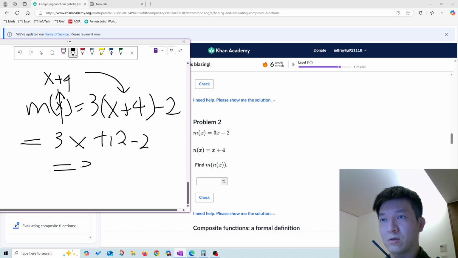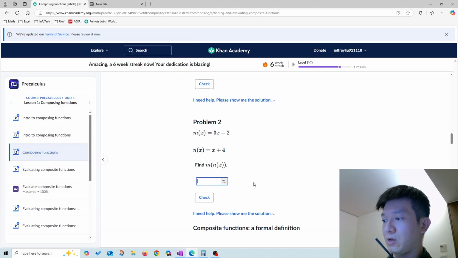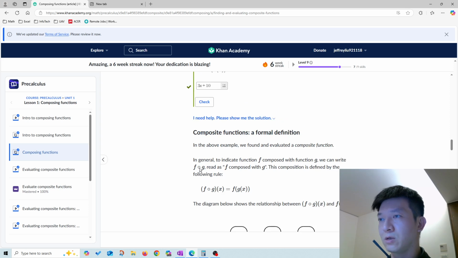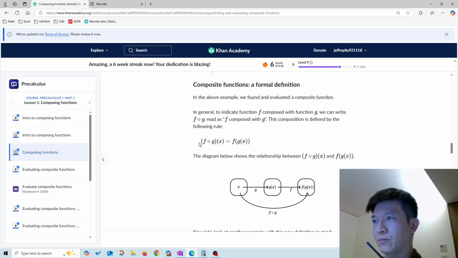So it's 3x plus 10. Let's try that. 3x plus 10. Check. Okay, good.